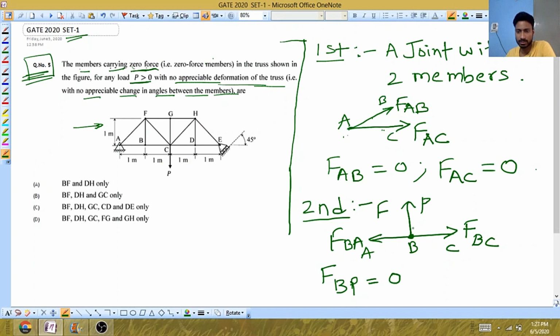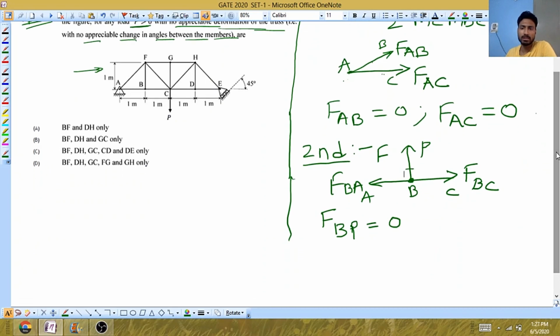But the condition is that the joint should carry only three members and should be free from any external load or support reaction. So in this diagram, FBP, the force in this member, is 0. Whenever you see a zero force member, you can eliminate that member from the truss system.